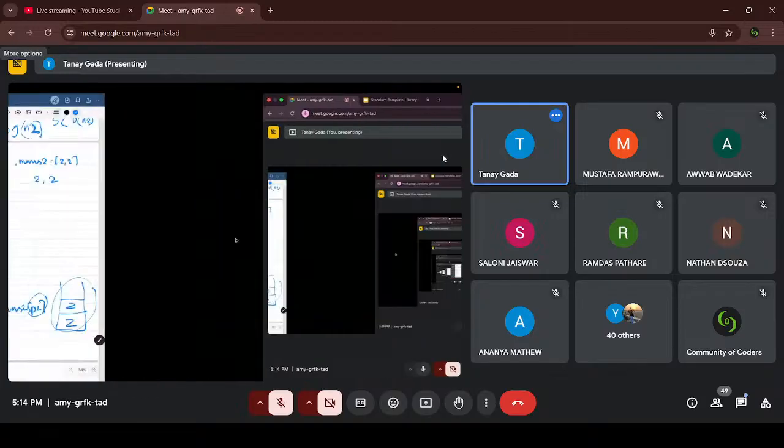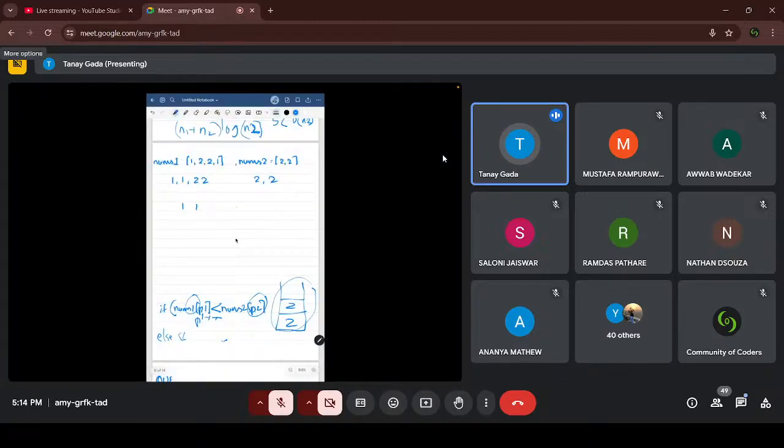So let's see, if we are having 1, 2, 2. If we had not used the two pointers approach, it would have taken O of n square, right? We are considering this index, we iterate to this, we check if there is a 1 or not.